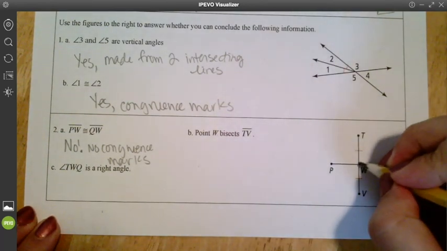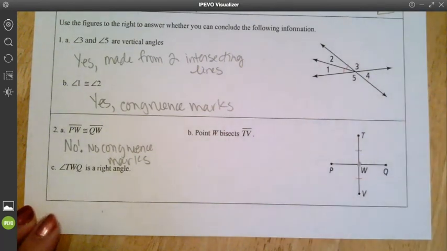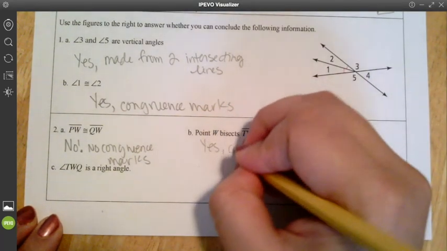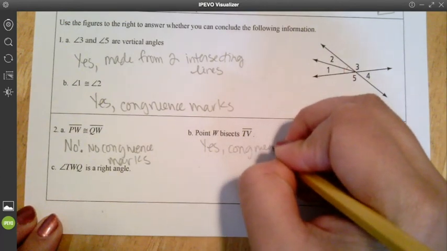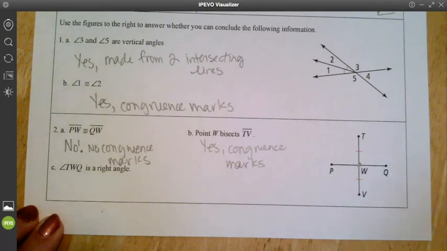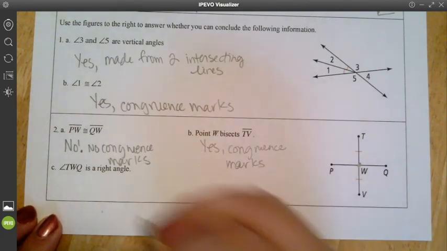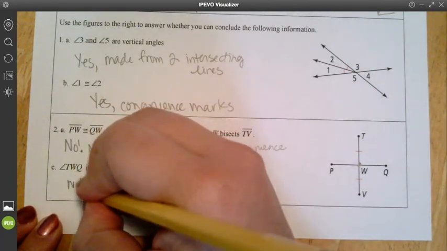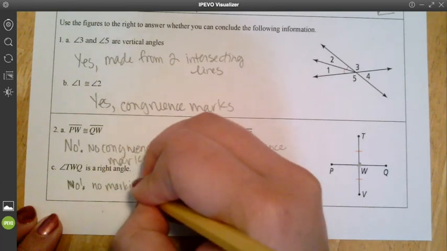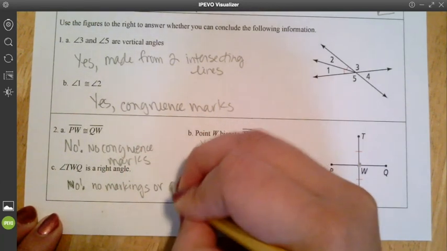Yes, because of those congruent marks, we know W is in the very middle, and therefore it bisects. Yes, congruence marks. TWQ is a right angle. Do we have any information that says that that's 90 degrees? No. No markings or angle measures.